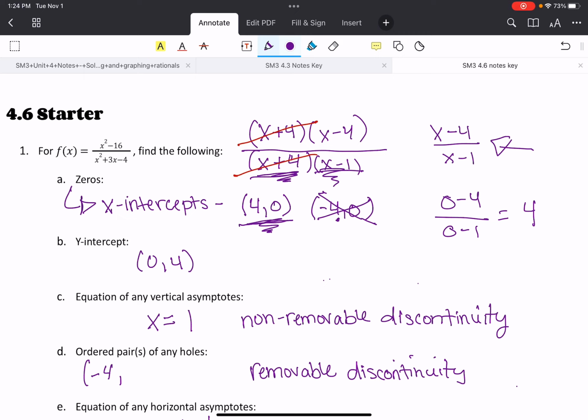Plug in the negative 4, the excluded value that reduced, into the simplified equation. So we would have negative 4 minus 4 over negative 4 minus 1 equals negative 8 over negative 5, which is 8/5.